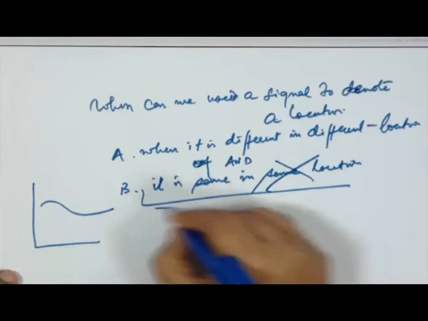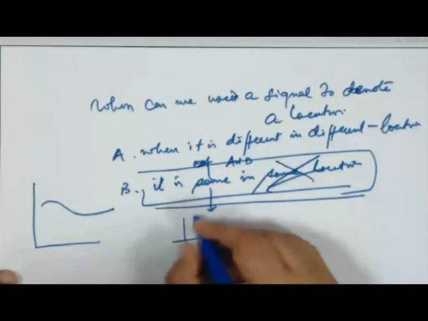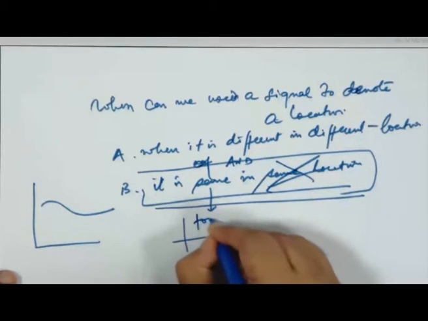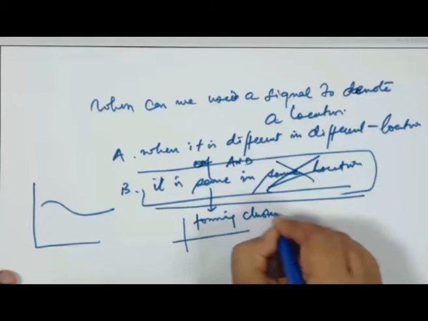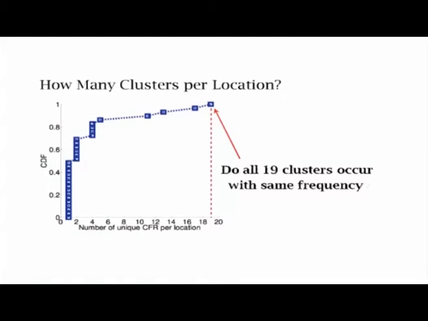So it is not the same at the same location, but it is actually forming clusters. But how many clusters? If I form 50 clusters, then those clusters don't have any meaning. So I have to see how many clusters they normally form. In this picture, the number of unique CFR per location, in the CDF, around 50% of them form one cluster.